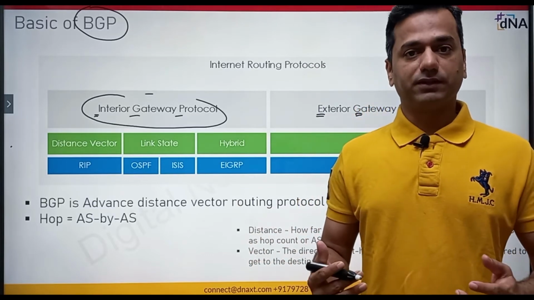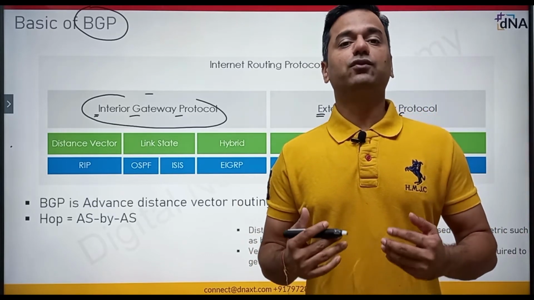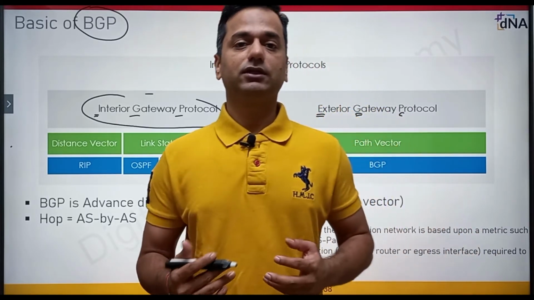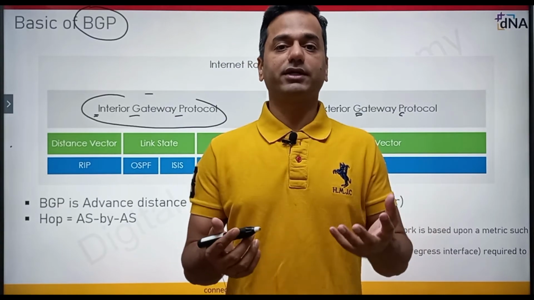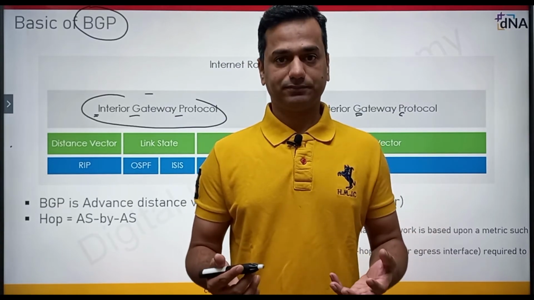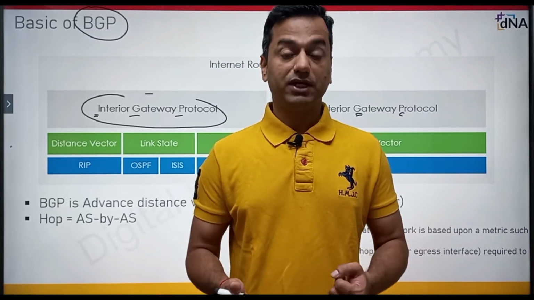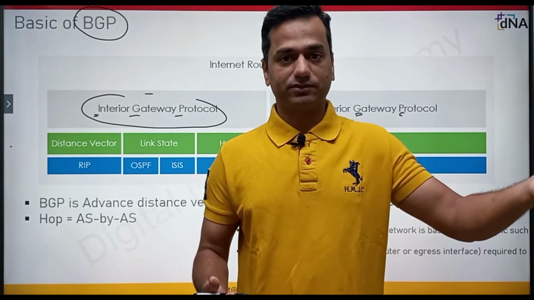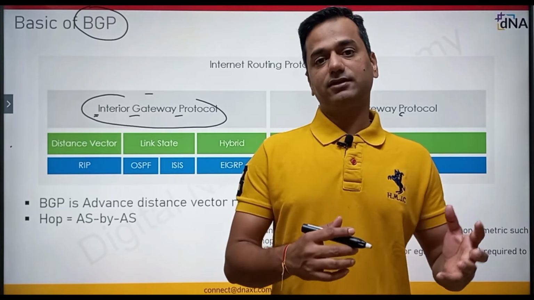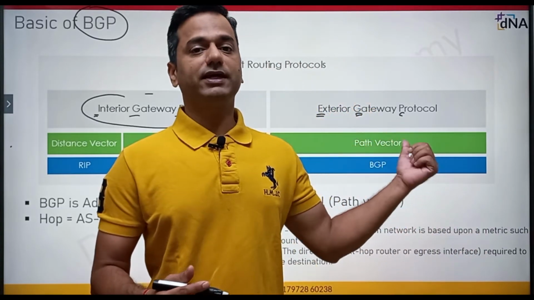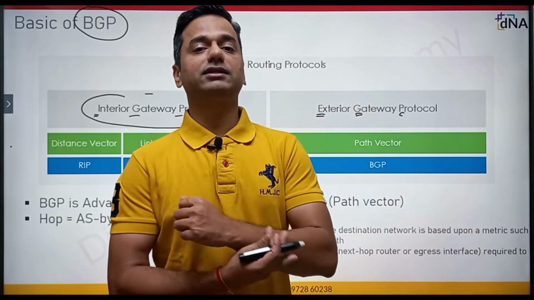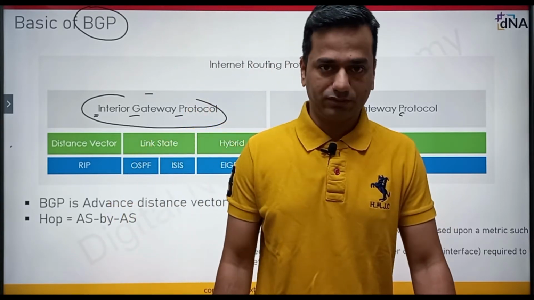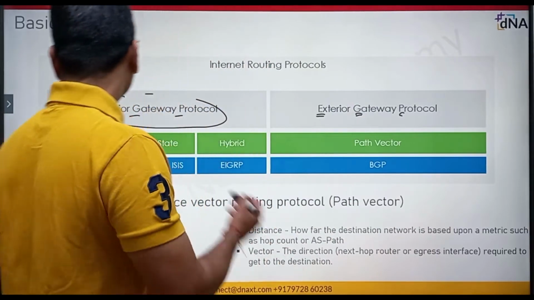What is an autonomous system number? We'll see later. So first, what is distance and vector? Basically, distance means to reach a destination, what is the total metric to reach the destination. Vector means next stop, right? Correct? This is called distance and vector. So we can say BGP is our advanced distance vector routing protocol, which is, you can say, a path vector routing protocol.